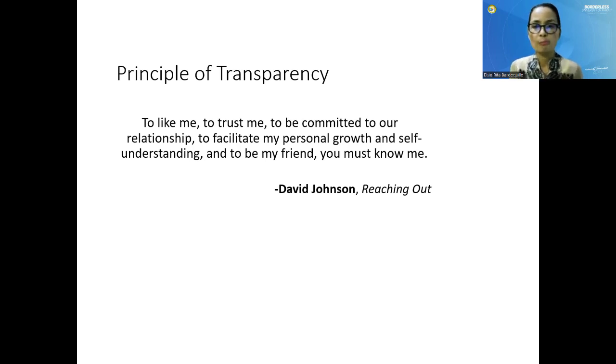If you are to grow, enhance personal growth, you have to be with the right people and you have to have the right attitude naman in relating to people. And that is one, you have to be trustworthy. You have to trust people as well as you have to be trustworthy as well to be committed to the relationship. Not just in relationship. Example, in your case, kasi you have to collaborate with your classmates and to work towards the requirements, no?